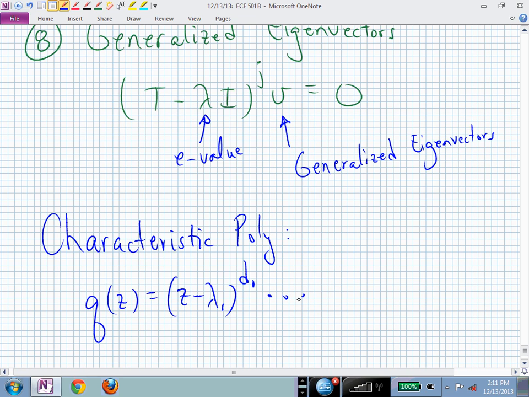So if lambda 1 is only 1 and it's not repeated, d sub 1 is 1. And then we just go all the way up to however many distinct eigenvalues we have, lambda sub m, and raise that to its multiplicity, d sub m.